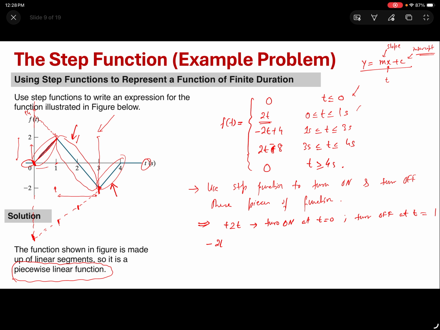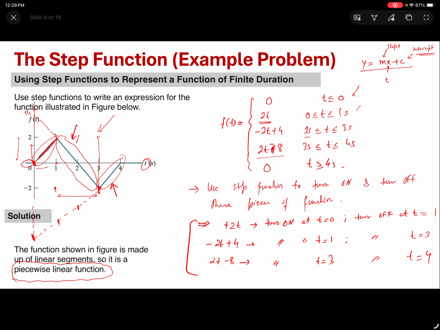Next, -2t plus 4, I can turn on at t is equal to 1 and turn off at t is equal to 3. Next function, 2t minus 8, I can turn on at t is equal to 3 and turn off at t is equal to 4. And then you have 0, right? So I can practically write my function down, which I'm going to do in the next slide, by using the step functions, right?